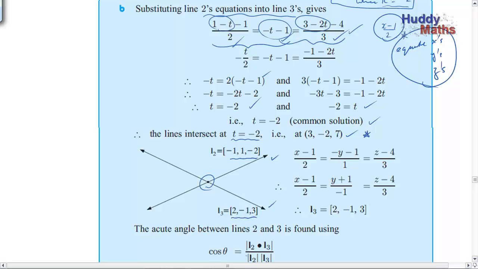Now, how do they get line 3 here? Taking its Cartesian form, can you see these are the coefficients of the direction vector? There's only one thing wrong with that. See this here? Negative y take 1. We really need to put that as y plus 1, and then these work.